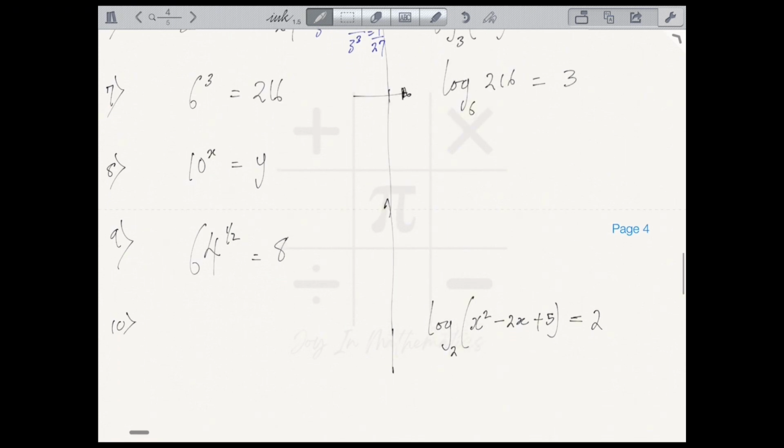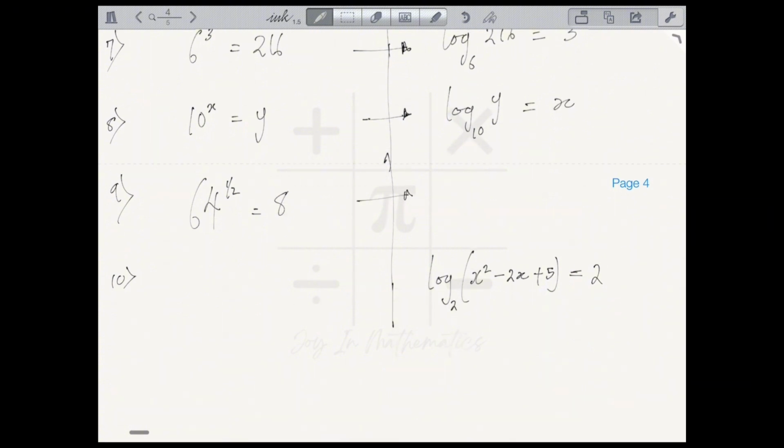And we have 3 more questions to go. Now in this 8th question, we have the number to be given as y, we have the base to be 10, and we have the index to be x. So in this case, remember, it is log of the number, that's log of y, to the base 10 is equal to x.